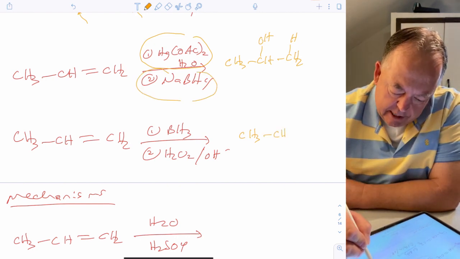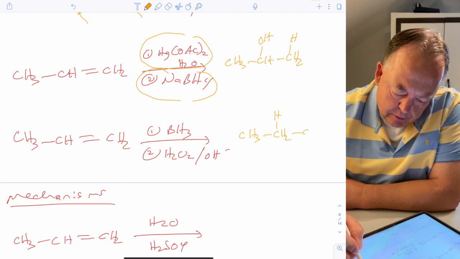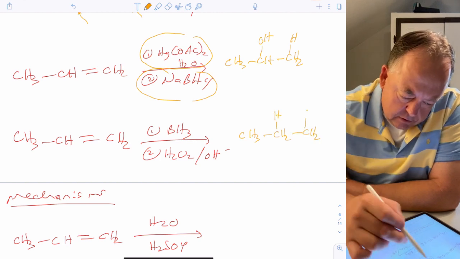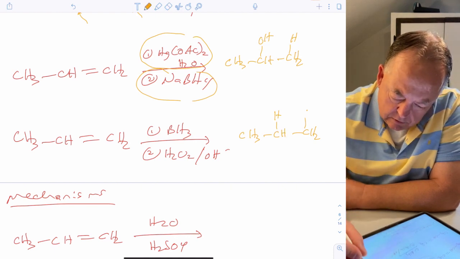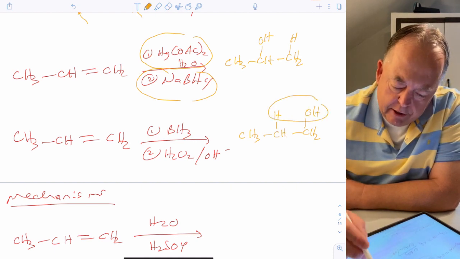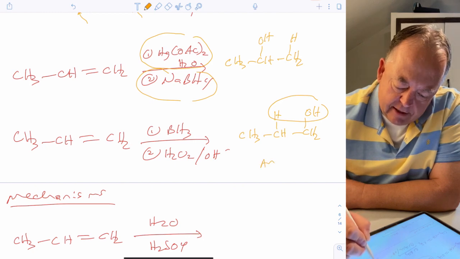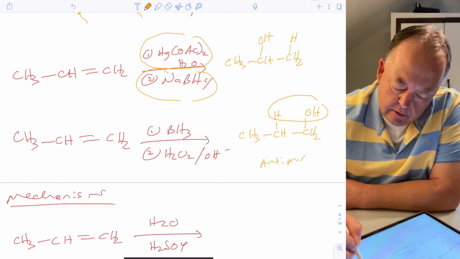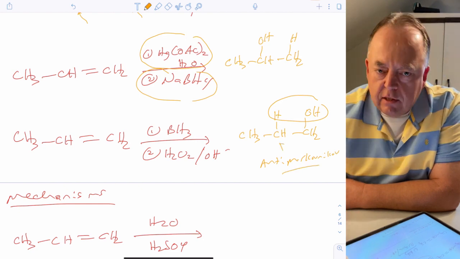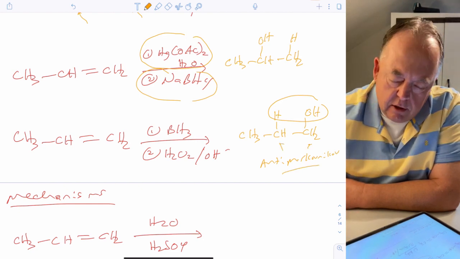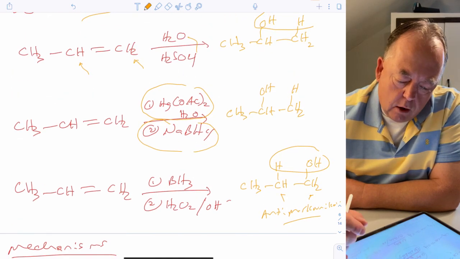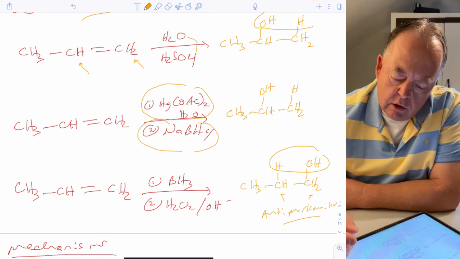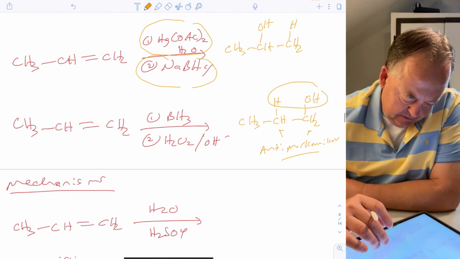So if you did this reaction, then your product is that. So we added H and OH again, but this will be anti-Markovnikov, since we put the hydrogen on the carbon with the least number of hydrogens and the OH on the other carbon. Okay, so 3 ways to add water. 2 of them are Markovnikov and 1 of them is anti-Markovnikov.